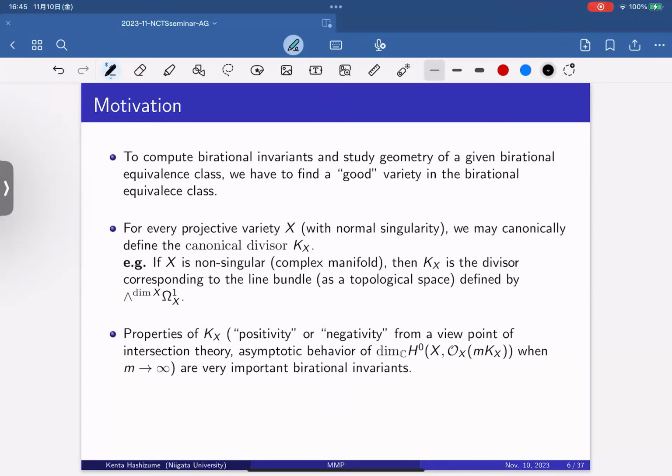In the minimal model theory, properties of Kx are very important. For example, positivity or negativity from the viewpoint of intersection theory, and the asymptotic behavior of this invariant is also important.